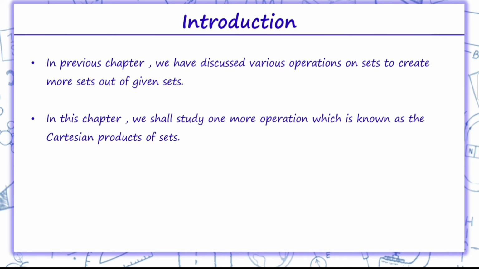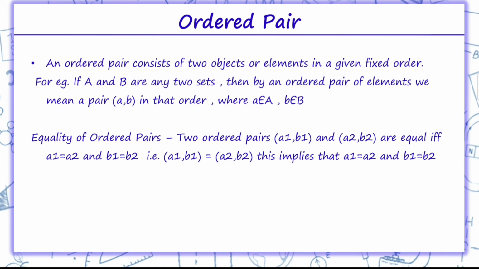Like we were provided with set A and set B, so we calculated A union B and A intersection B. Now in this chapter, as the name itself makes clear, relations, we will be studying one more operation. That operation is the Cartesian product of sets. Before coming to the Cartesian product, we'll see what basically ordered pairs are.